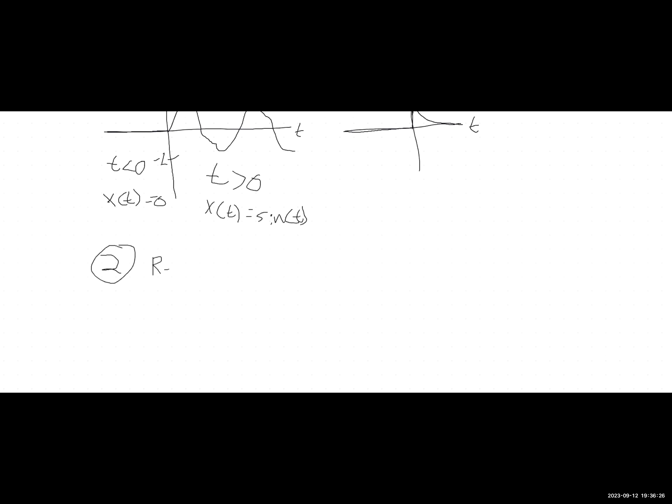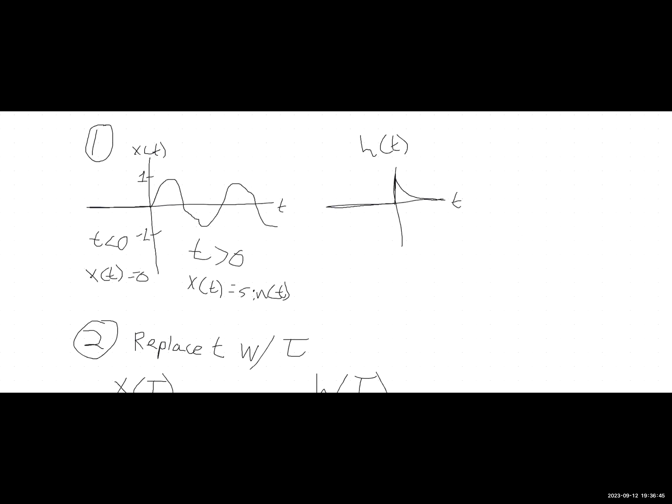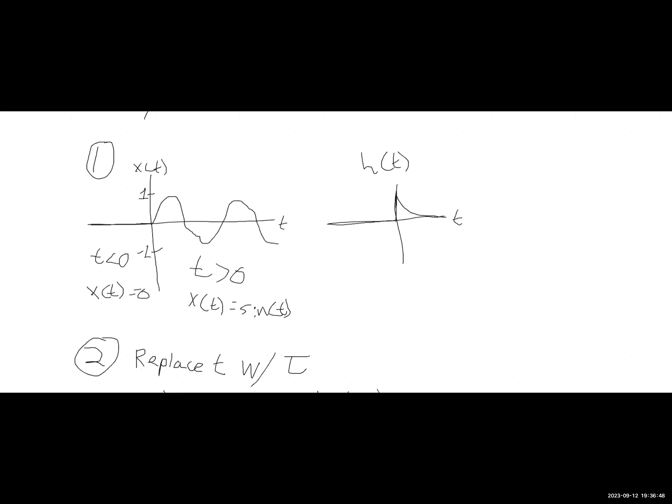Replace t with our dummy variable, tau. So we get x of tau and h of tau. And that is going to look the same when we graph, except this axis is now going to be tau instead of t. So this is now tau, this is now tau, and this is now tau up here as well.